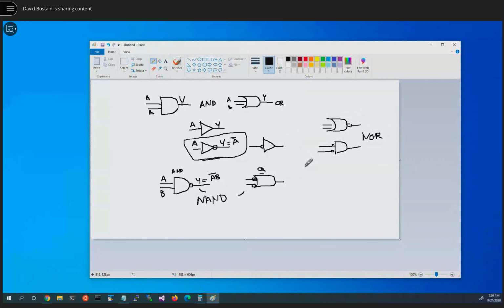How do we use these? Well, let's say somebody gave us a really simple equation and said we could use any of these. The equation is Y is equal to AB or CD, sum of products equation. We see we have two things, in each case ANDed together, the result ORed together.